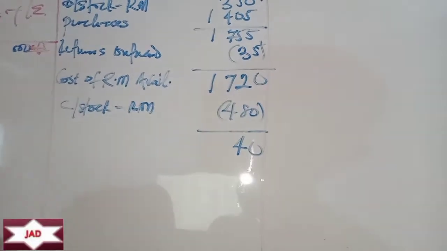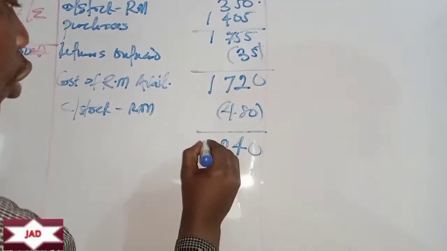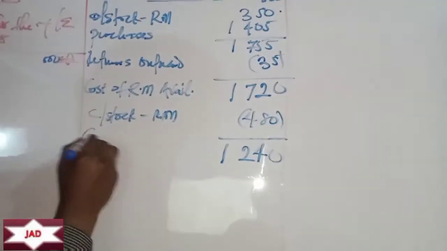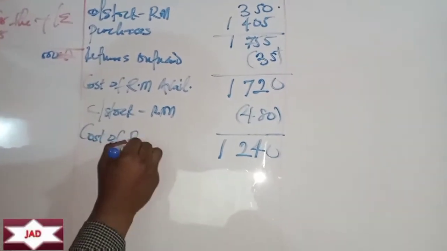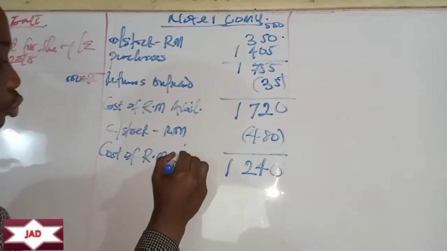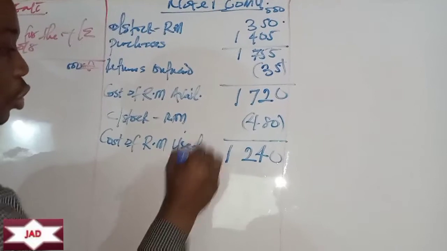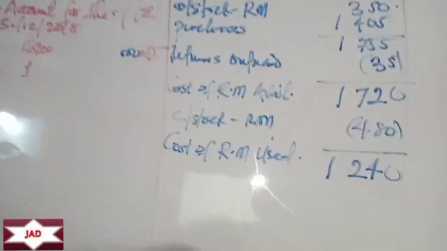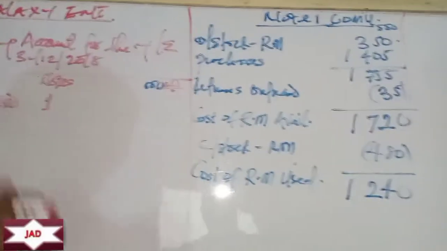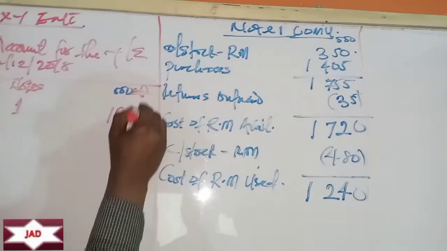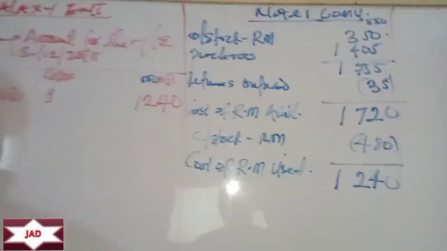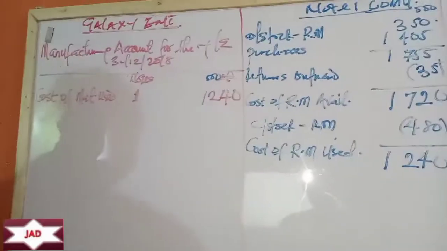Remaining 6 here, 6 minus 4 here is 2. So we have 1. So this is our cost of raw materials used, or utilized. So that is what we bring here. So we have 1240. Now we have the cost of raw materials used.